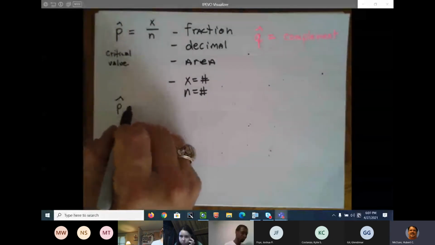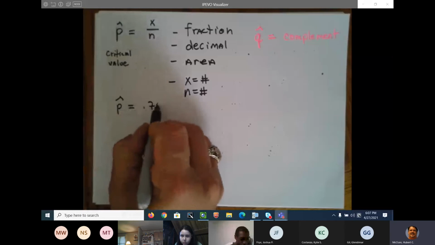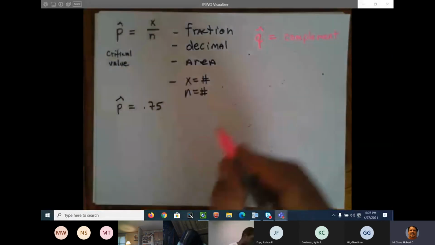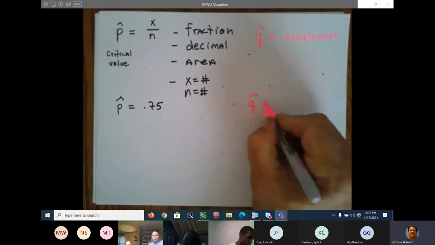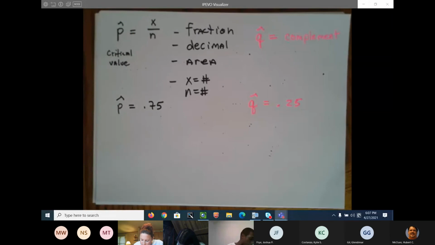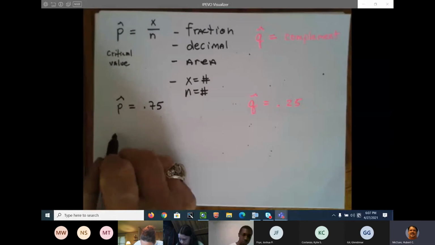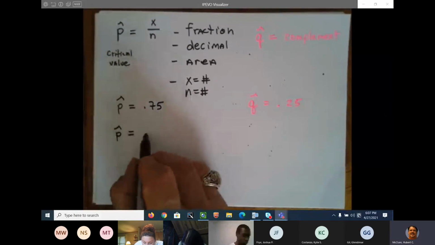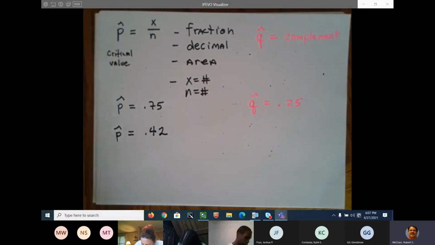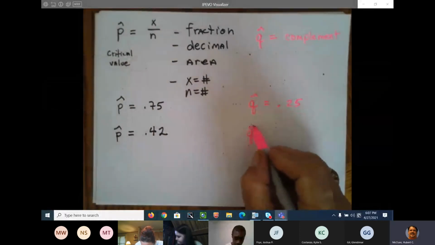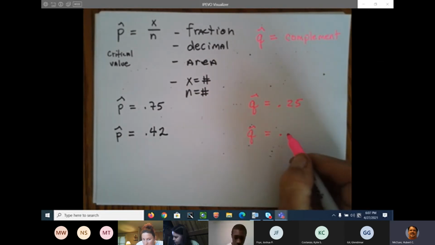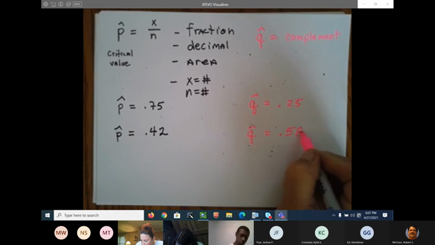P hat is equal to 0.75. Therefore, Q hat is equal to what? 0.25. Okay. P hat is equal to 0.42. Q hat is equal to point what? 0.58.